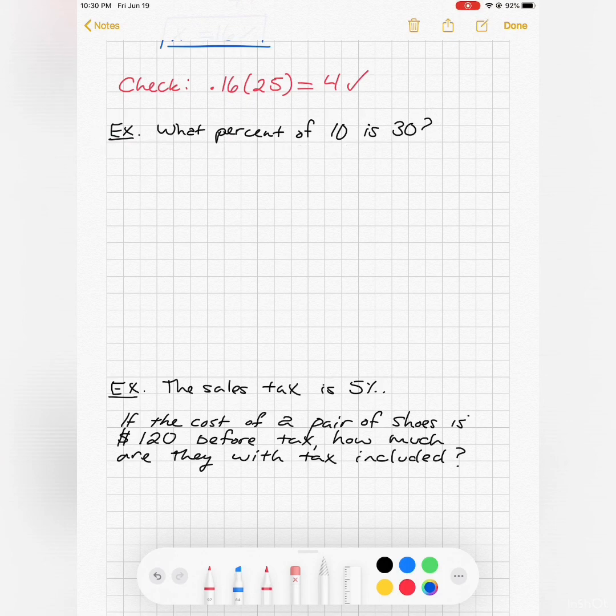How about another one? What percent? Okay, so how does that translate? What is the mystery, right? x percent is part out of 100. Of means times 10 is 30.